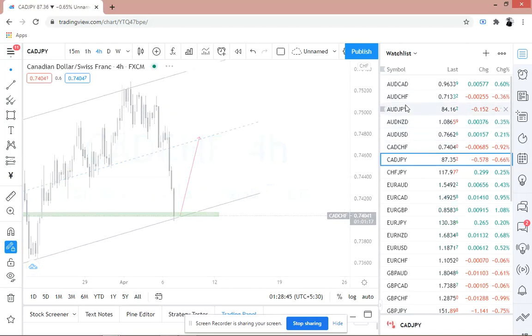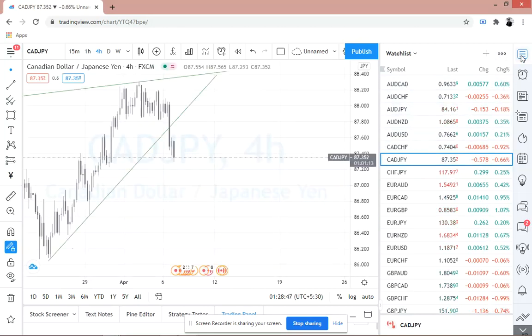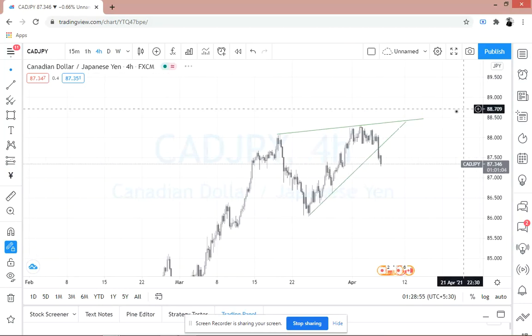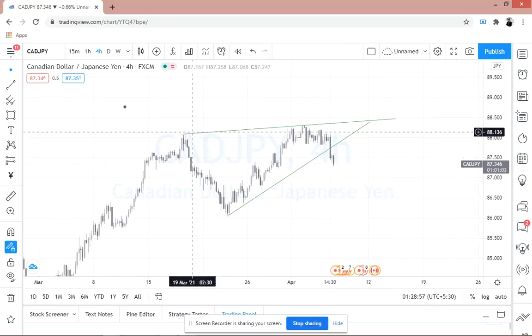So we have the same movement. For this, it only broke the trend line to the downside, and the trend is strongly up.